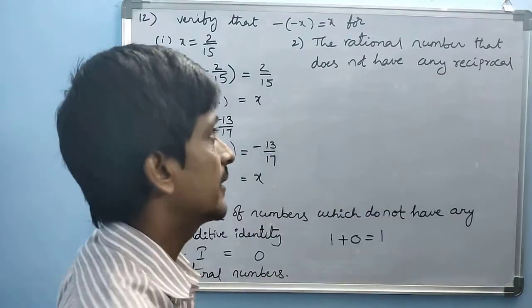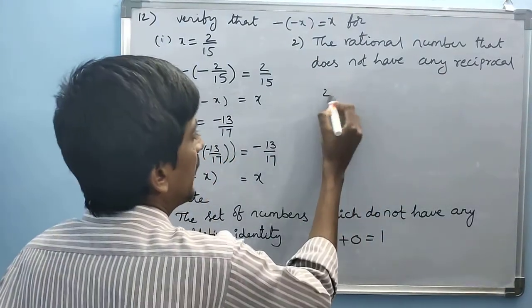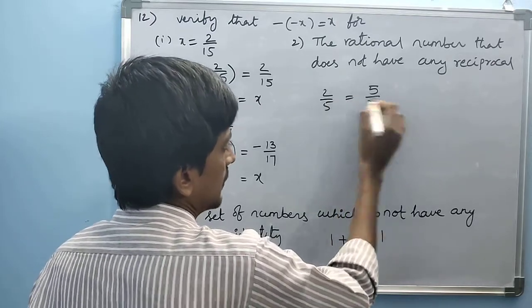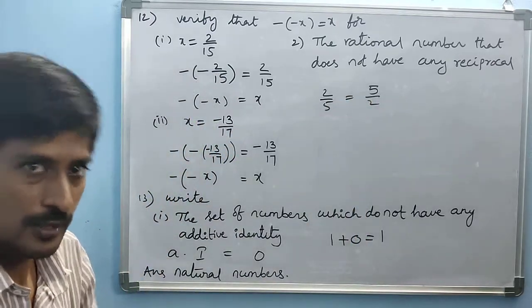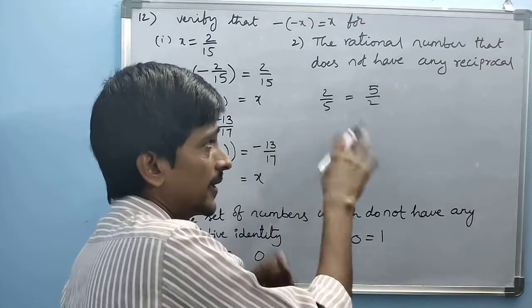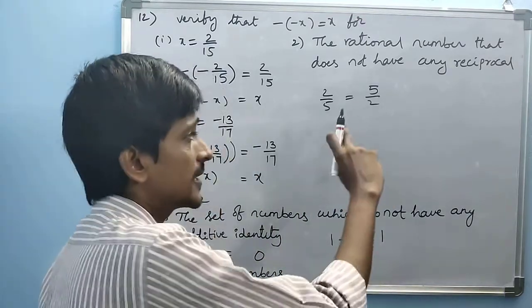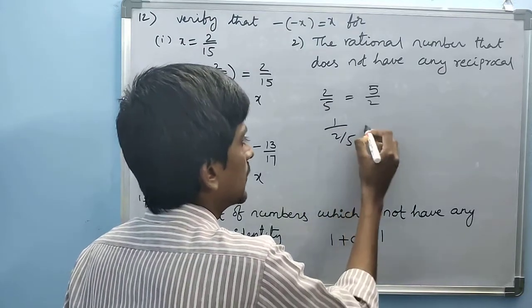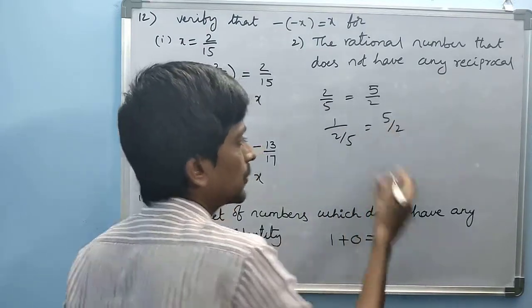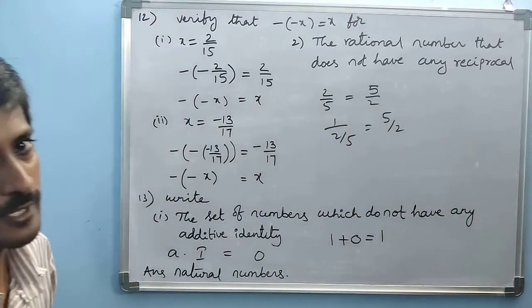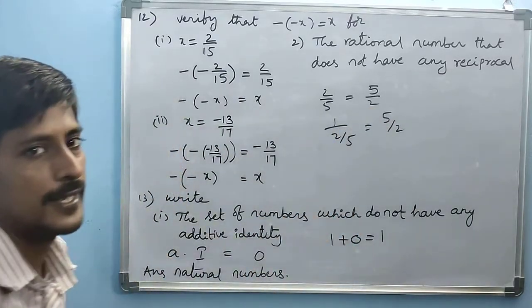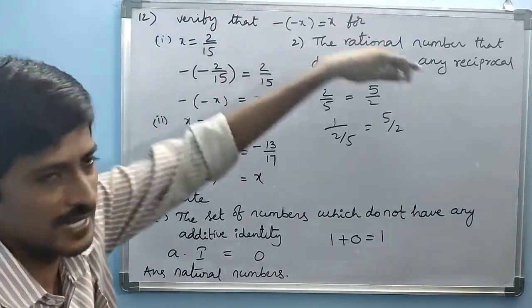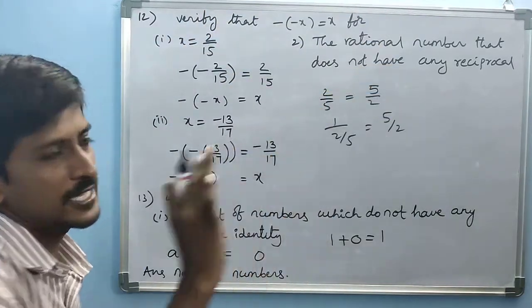For example, 2 by 5 is a rational number. What is the reciprocal of this rational number? 5 by 2. The numerator and denominator are interchanged, that is called a reciprocal. Or 1 by 2 by 5, so this is called 5 by 2. The numerator changes to the denominator and the denominator changes to the numerator. That is reciprocal.